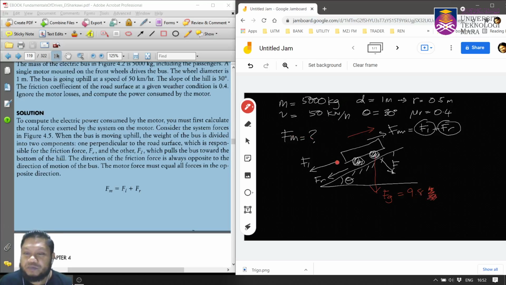So now, if you look at this trigonometry, the angle here, if you try to rotate it such that this is perpendicular or in the direction of F, and you also rotate the road here by 90 degrees, you will get that angle.